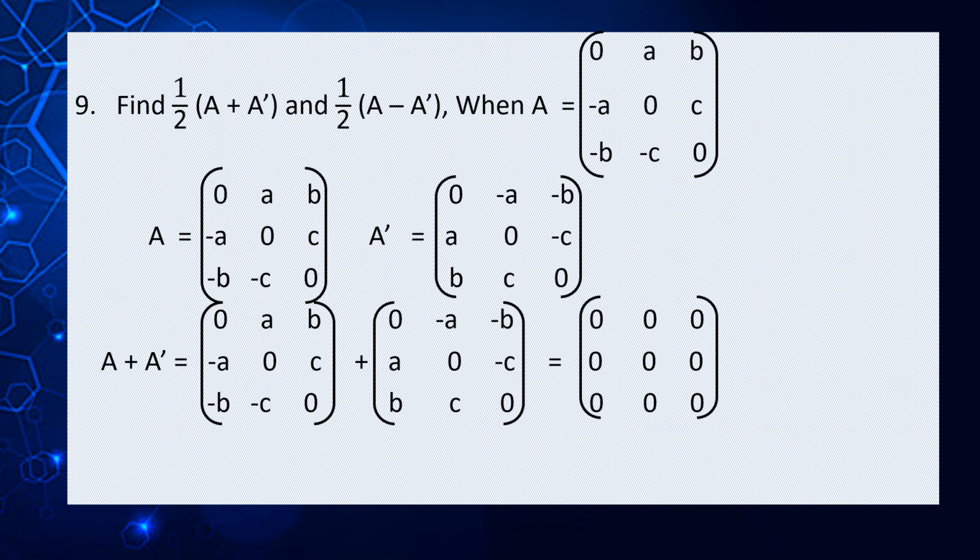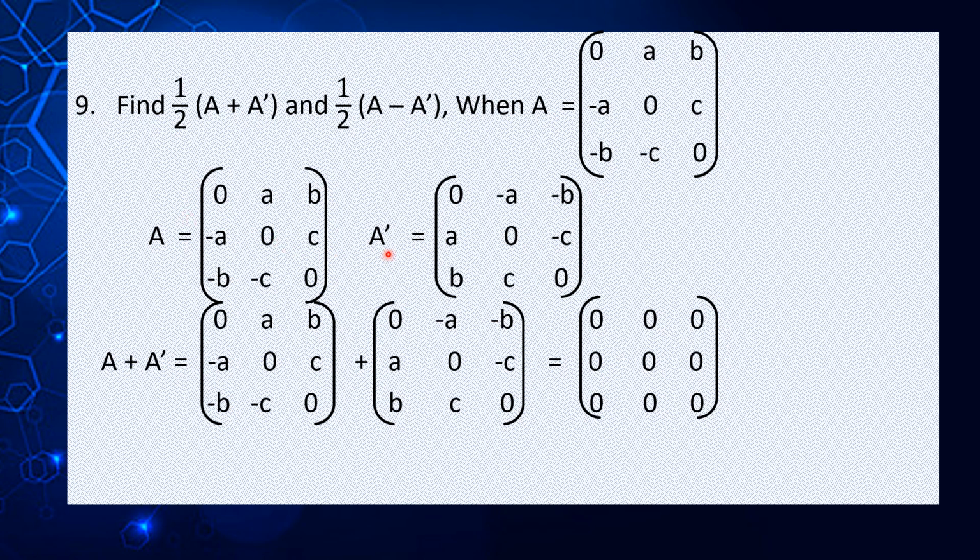Ninth question. Find half of A plus A transpose and half of A minus A transpose when A is equal to [0, a, b; -a, 0, c; -b, -c, 0]. So as per the question, write down the A matrix in the solution.